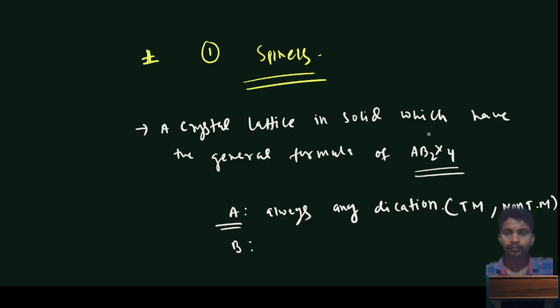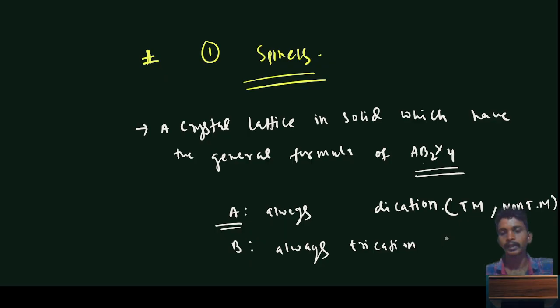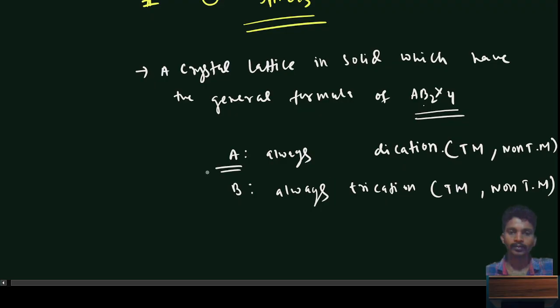And B is always any trivalent cation, it may be a transition metal or a non-transition metal. These are all the cations. And X is the anions.